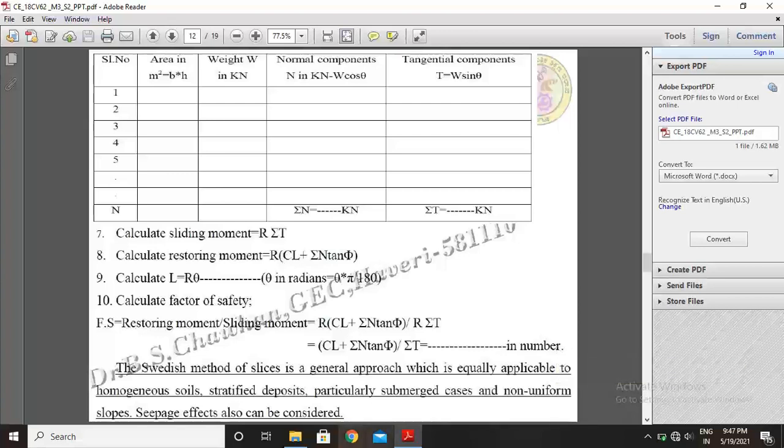This Swedish method of slices is a general approach equally applicable to homogeneous soils, stratified deposits, particularly submerged cases and non-uniform slopes. Seepage effects can be considered. So this Swedish method is also a good method to calculate stability analysis for the given dimensions.